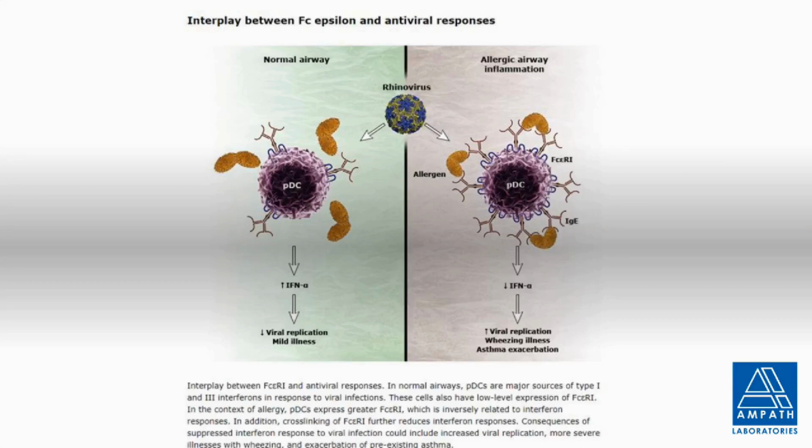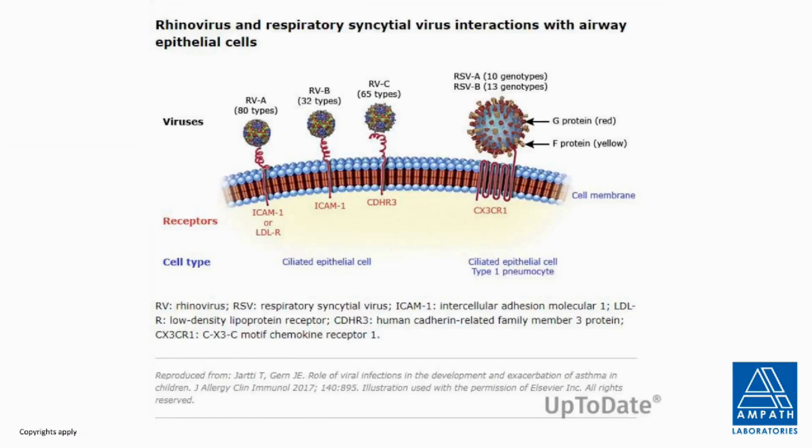So you have many receptors, you have an increased viral replication because your dendritic cells decrease the amount of interferon that is released from the cell. And what happens is that you have increased viral replication, more severe illness, with exacerbations of wheezing and an exacerbation of your pre-existing asthma.